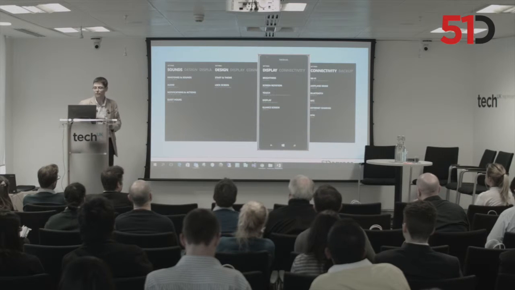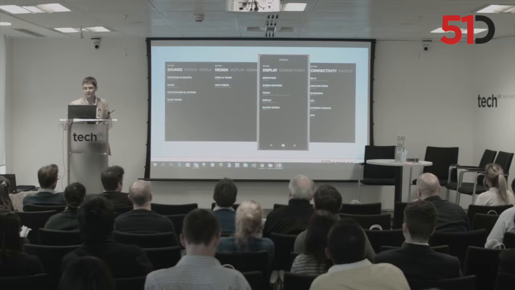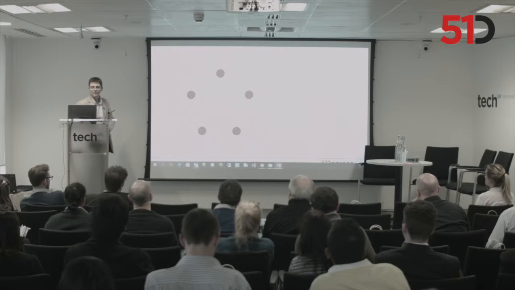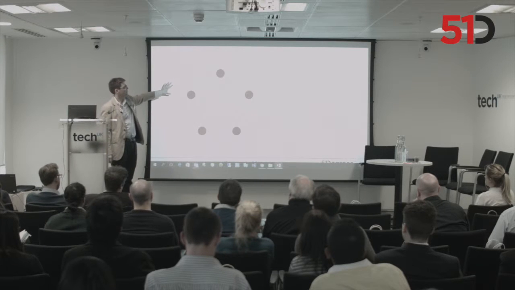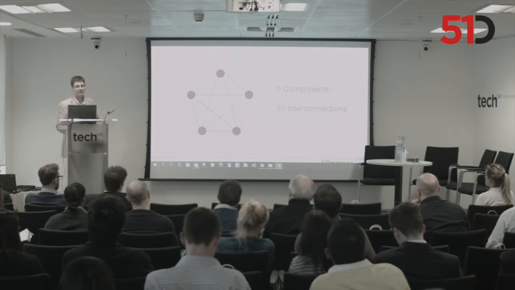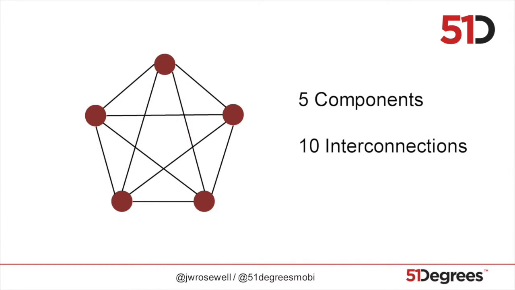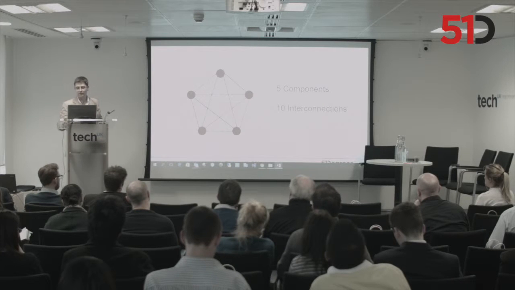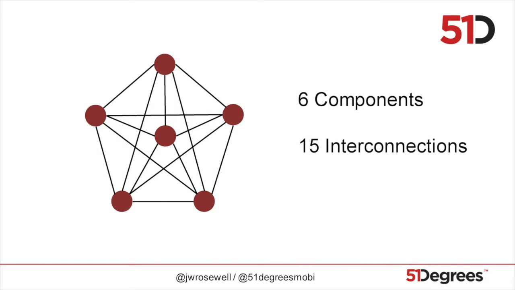I also touched on complexity. So this is going back to GCSE maths, or O-level maths for some of us. If you have 5 components in a system, then there are 10 interconnections between those different components. And as you add another component, you jump up to 15 interconnections.